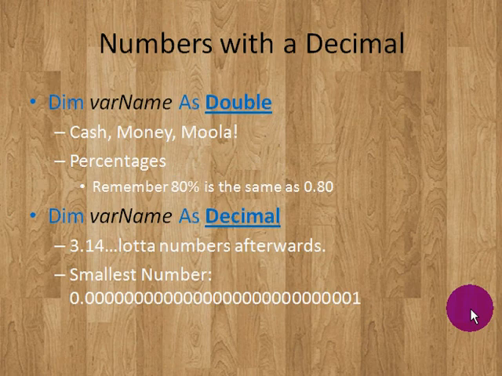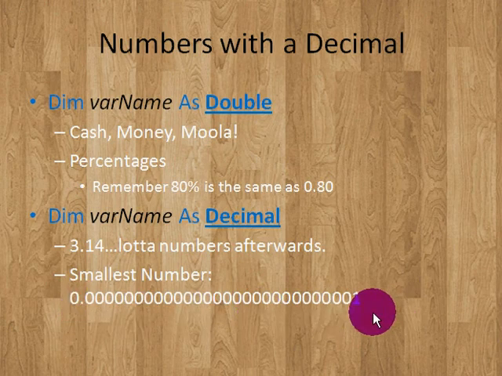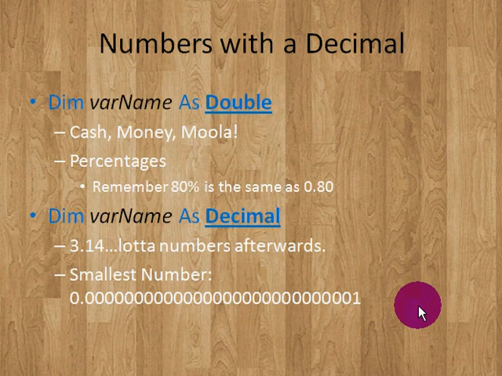In fact, that's one of the few times I've really seen decimals used in a starter VB course. Generally speaking, you're not going to use decimal very much. I will state this, though. The decimal is special in that if you take this decimal point and move it all the way to the end, you can actually have a number in the octillions.